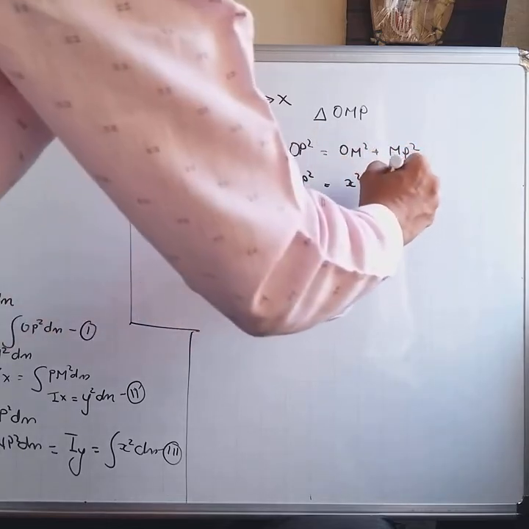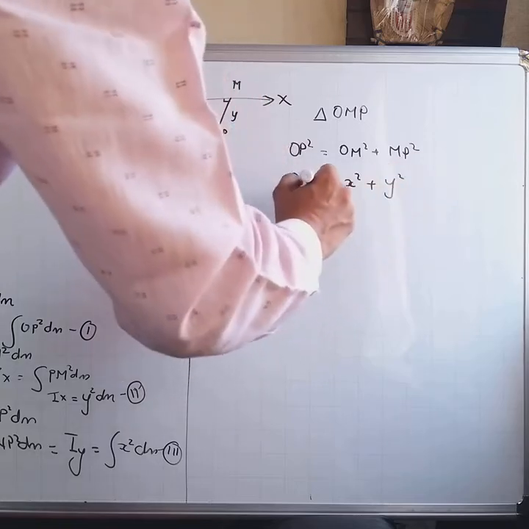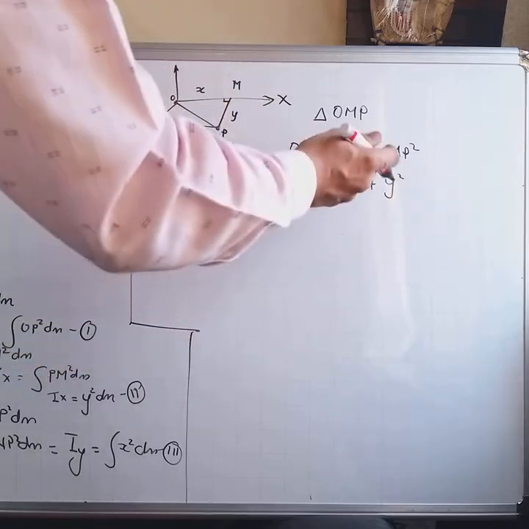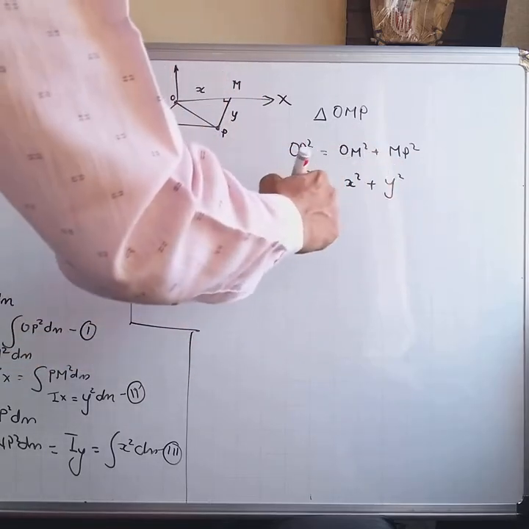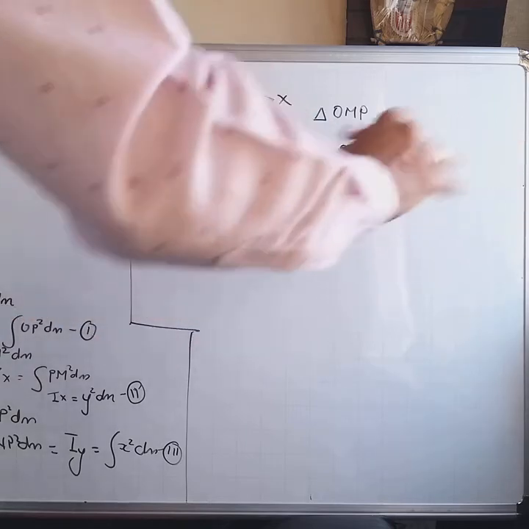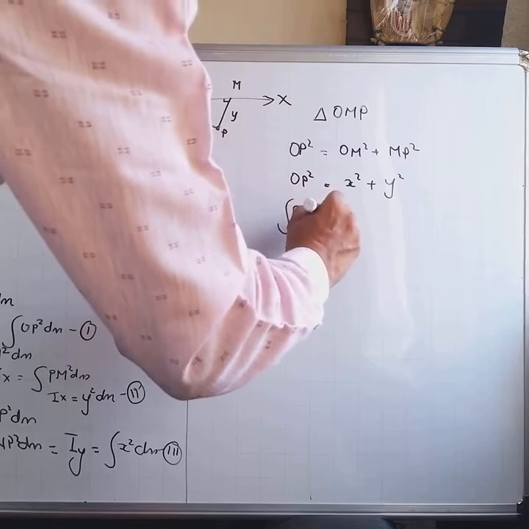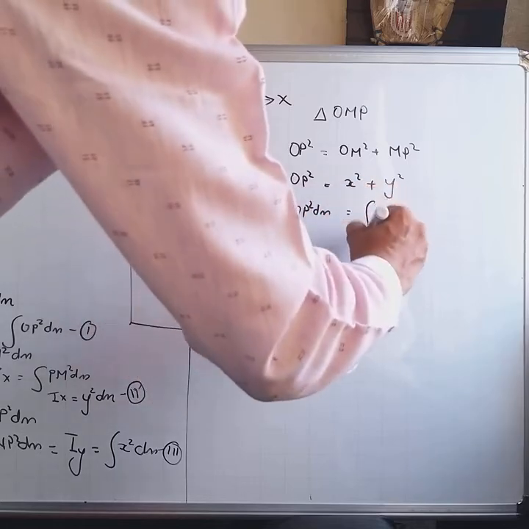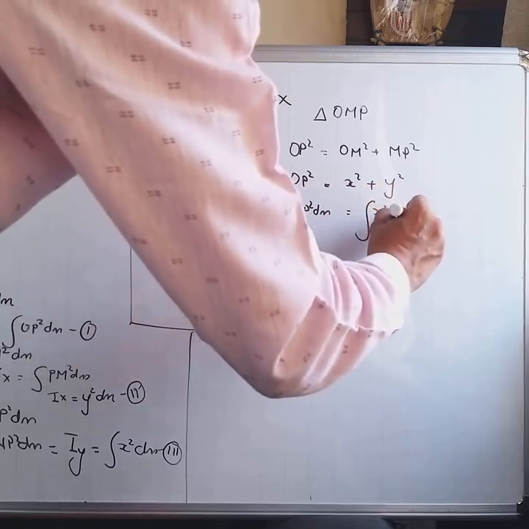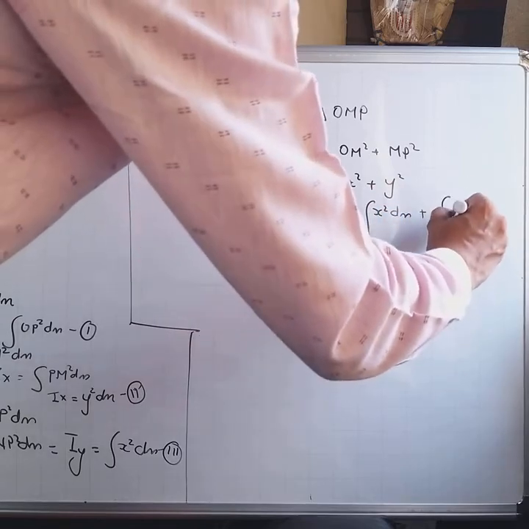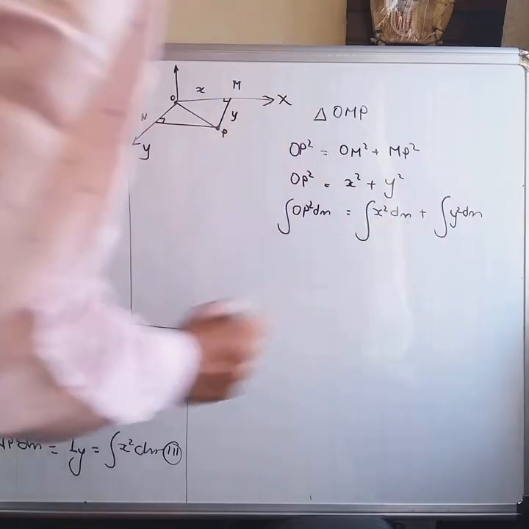So I'll write OP square equal to x square plus y square. Here I multiply by dm and integrate throughout. What I get is the integration of OP square dm equal to the integration of x square dm plus the integration of y square dm.